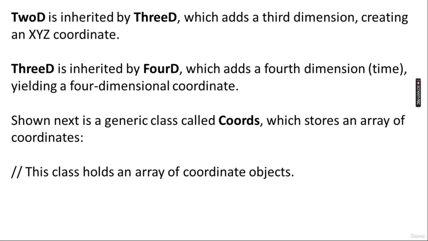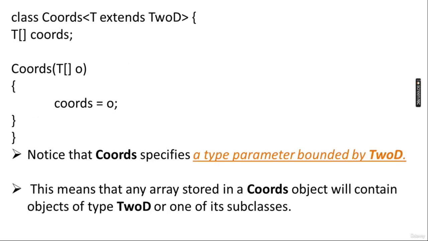Shown next is a generic class called Coordinates, which stores an array of coordinates. This class holds an array of coordinate objects. Class Coordinates T extends TwoD, T array coordinates. It is initialized with a T array object, coordinates equal to o. Notice that Coordinates specifies a type parameter bounded by TwoD. This means that an array stored in a Coordinates object will contain objects of type TwoD or one of its subclasses.